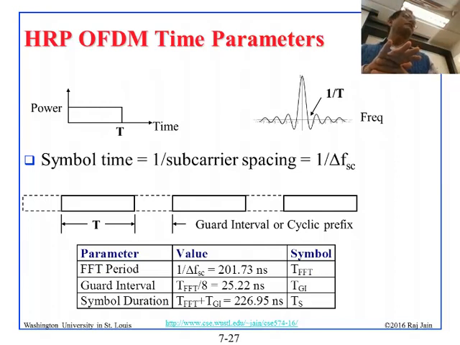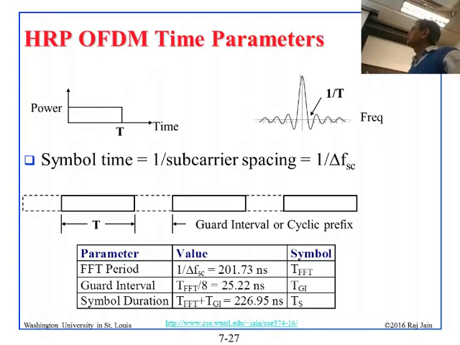That's what makes them orthogonal. Orthogonal means that the spacing between the carriers is exactly 1 upon T in the frequency domain, where T is the pulse time.